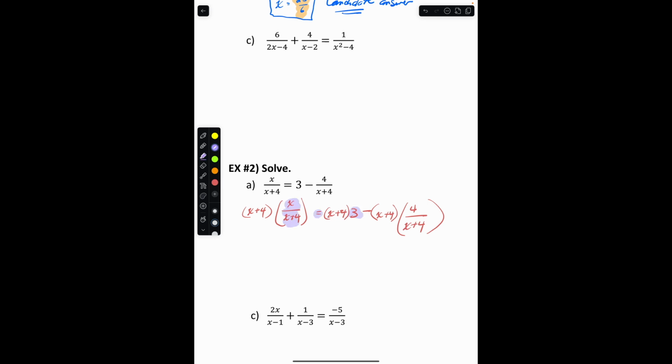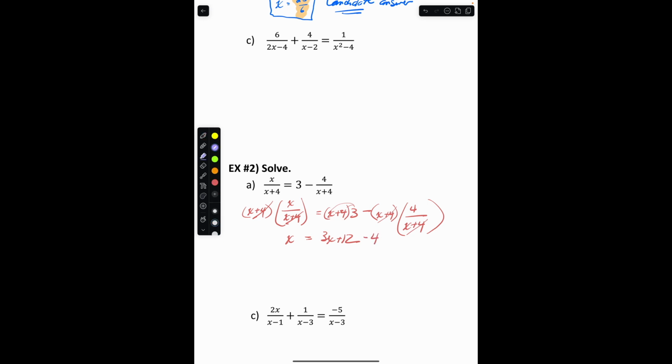That equals 3 minus that. I've just multiplied everything by x plus 4, hoping that things will cancel. Well, not hoping, knowing that things will cancel. The x plus 4's cancel here, and I'm left with an x. I can multiply this 3 in, I suppose, and get 3x plus 12. Over here, the x plus 4's cancel, and I'm left with a 4.